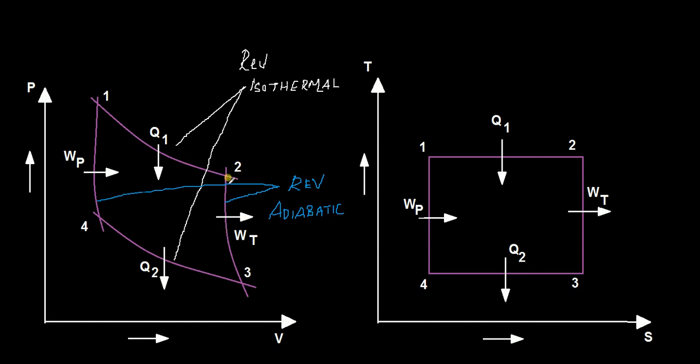So there is no heat transfer when the working fluid transfers from 2 to 3, and there is no heat transfer when the working fluid transfers from 4 to 1.